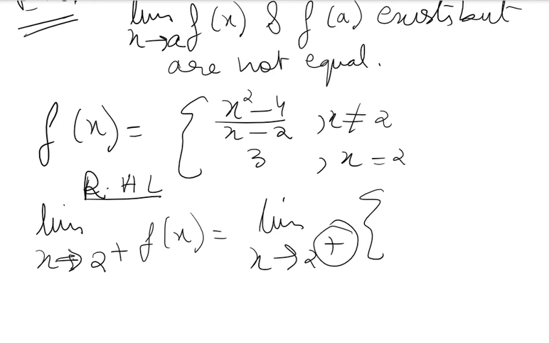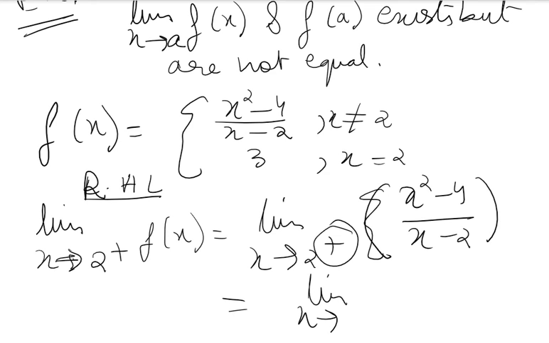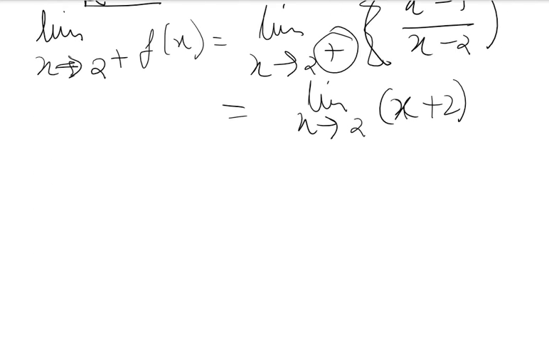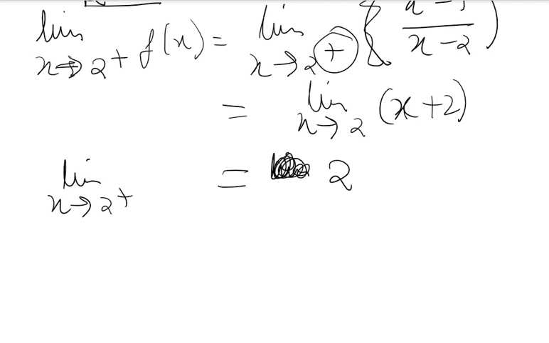So we are going to take the above function, that will be (x square minus 4) by (x minus 2). So that is limit x tends to 2, x plus 2. Okay, so from here what do we get? We get, no more limit over here anymore, answer is 2. So limit x tends to 2 positive, f of x is 2.